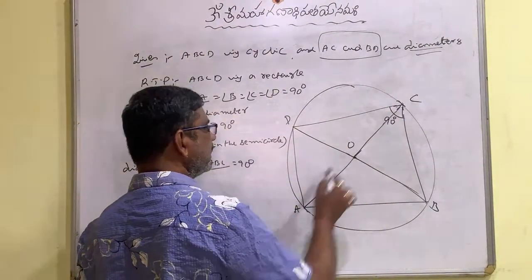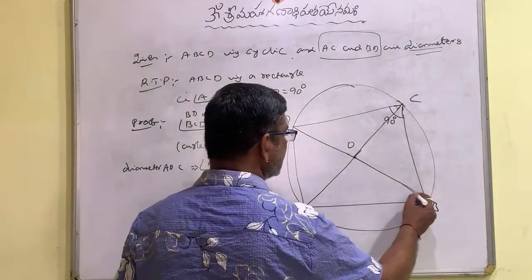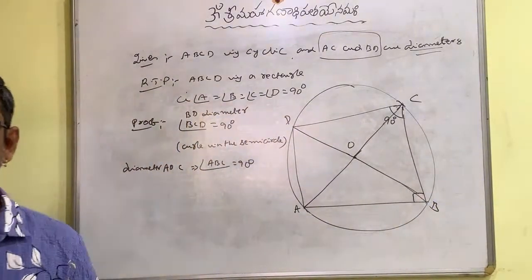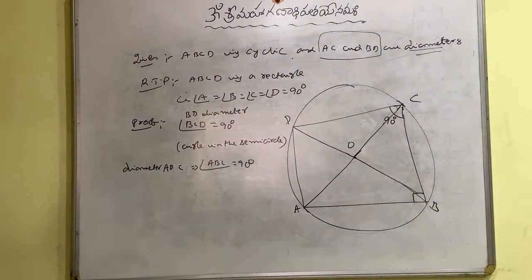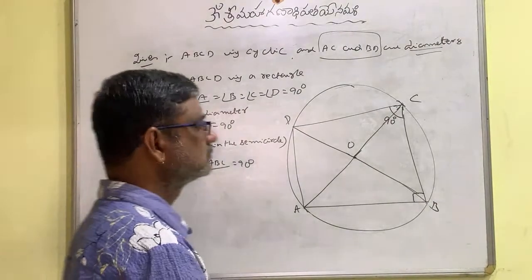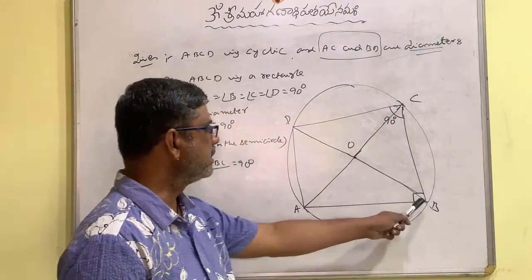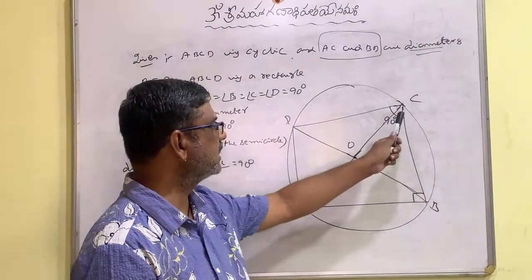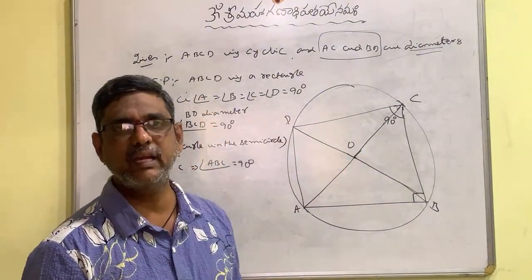AC is the diameter, given, na? Then this angle is also 90, angle in the semicircle. BD is the diameter, then this angle in the semicircle is 90.